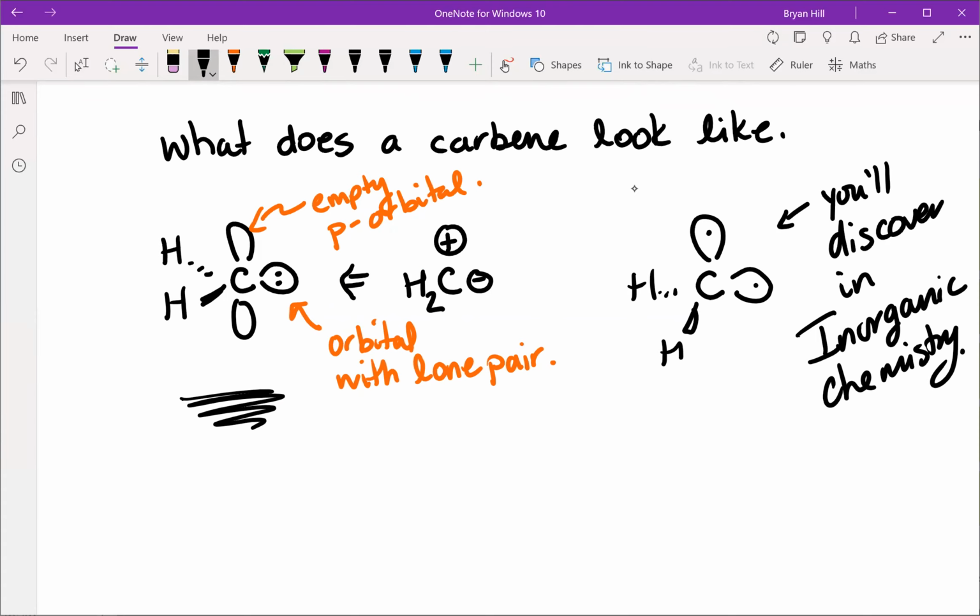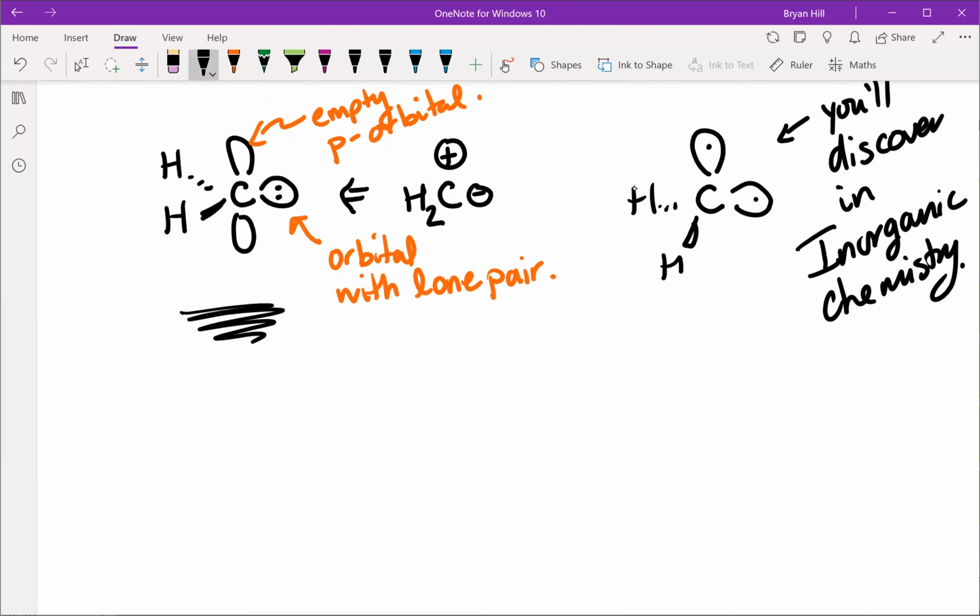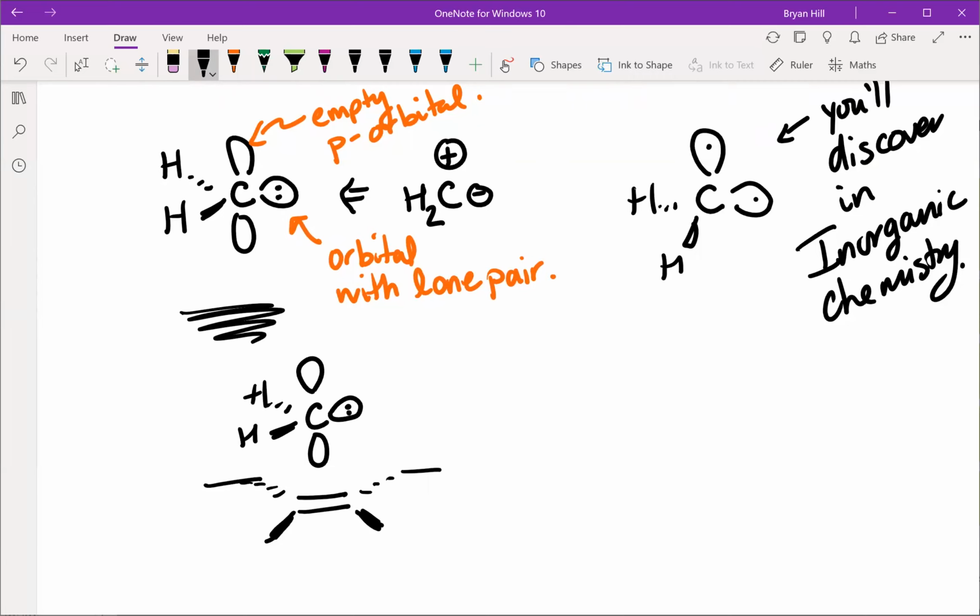So if we think about our double bond, and we've got our carbene, the way that this would work is that your double bond is still the nucleophile. So these electrons go up to this orbital. And then as that's going on, the lone pair would come down to the other orbital.